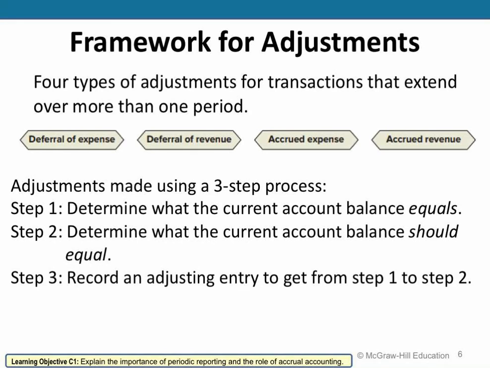Now, this timing issue that exists with when the service is provided and when the matching expenses are also lined up in that same period, you're going to have four different situations. So with the revenue recognition, if revenue is not recognized at the same time as when cash is provided, there may be a timing issue if cash is provided by the customer early or cash is provided by the customer after the fact.